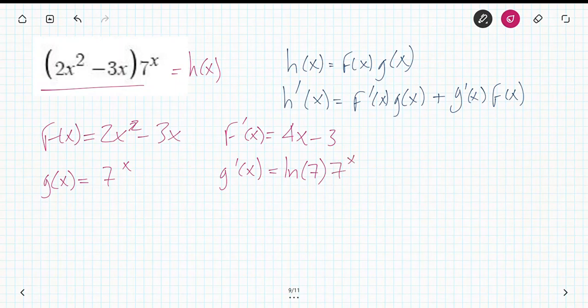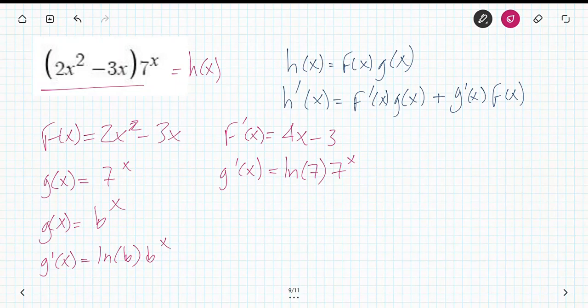Okay, and this is basically an exponential derivative, which I've actually talked about when we proved the derivative of e to the x. So basically, suppose that g of x is b to the x, and b is a constant. If you take g prime, then it's just going to be the natural log of b times b to the x.